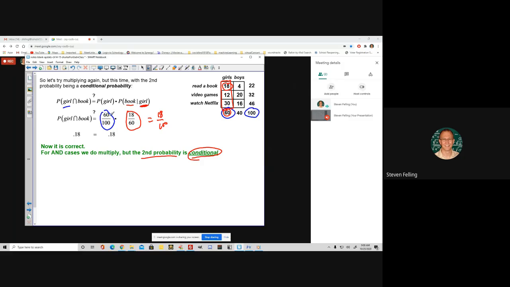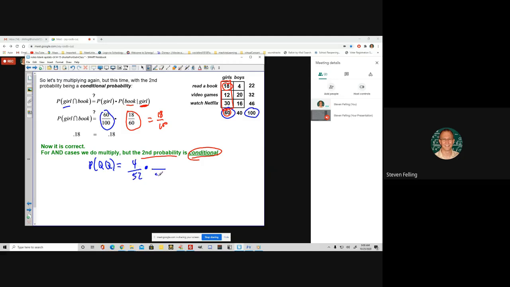Okay, it's kind of like this. The best way to see it, I think, at this point is, if you're drawing 2 cards out of a deck, and let's say that we want to find the probability that the first one's a queen and the second one's a queen. I think from earlier courses in probability, if we know that there are 4 queens in the deck out of 52, and we know that AND is multiply, it seems like we should then multiply by the probability of the second one being a queen. But when we compute that one, we have to realize that the first queen has been removed.